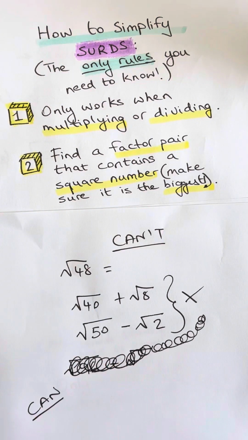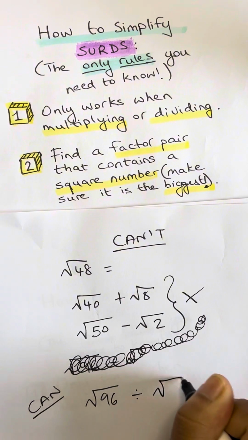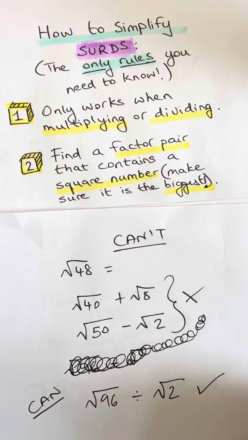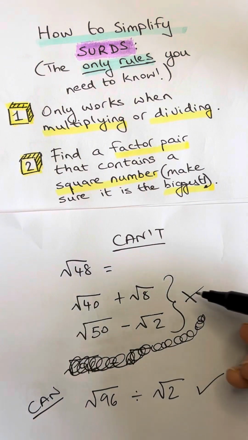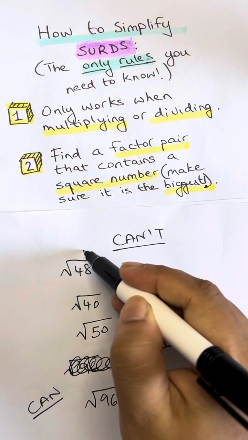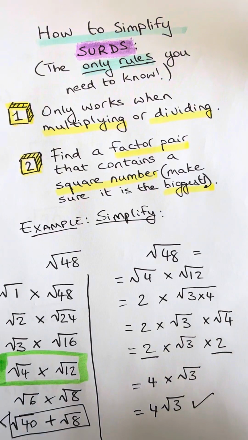So square root of 48 can be written as root 96 divided by square root of 2. So you can use only multiplication and division, but you can't use addition to make square root of 48. Does that make sense?